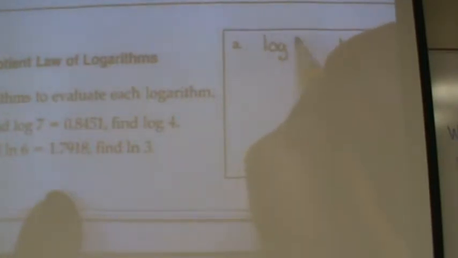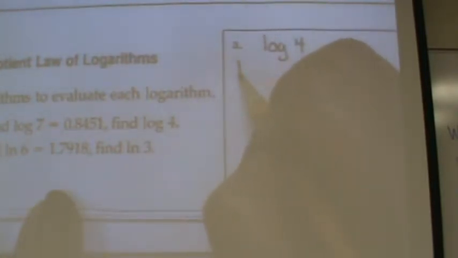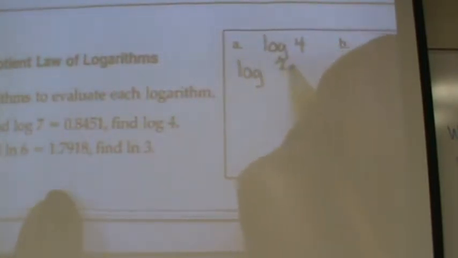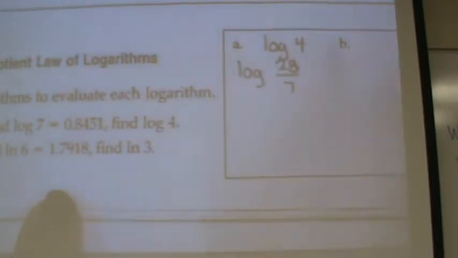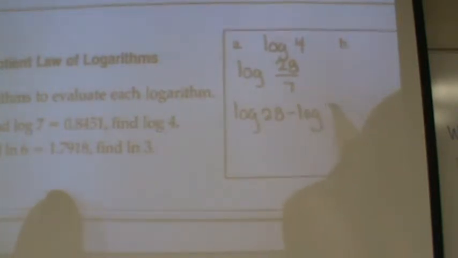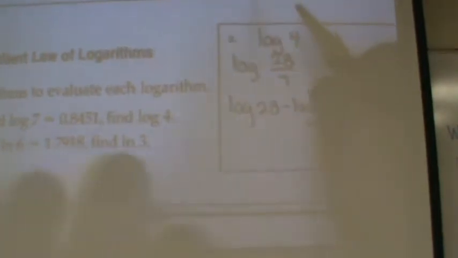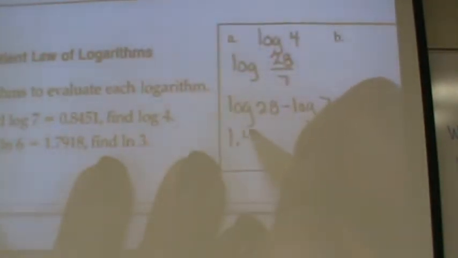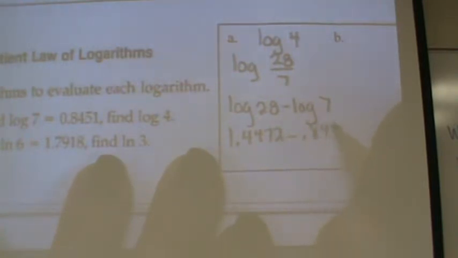So to get the log of 4, using a 28, you're going to do 28 divided by 7, which now, what property are you going to use? You're going to do the log of 28 minus the log of 7. Well, the log of 28 is 1.4472, and 0.8451 is the log of 7. Subtract them, and you get 0.6021.